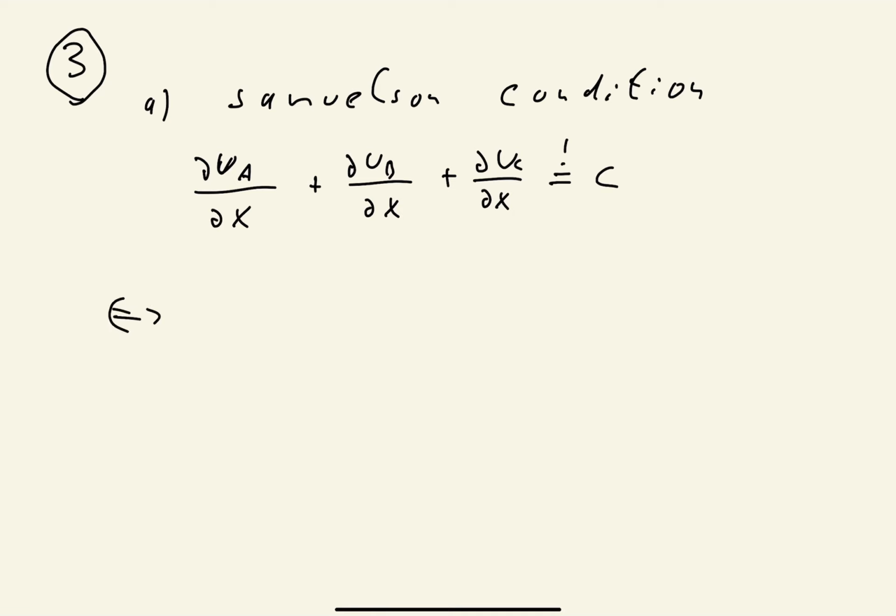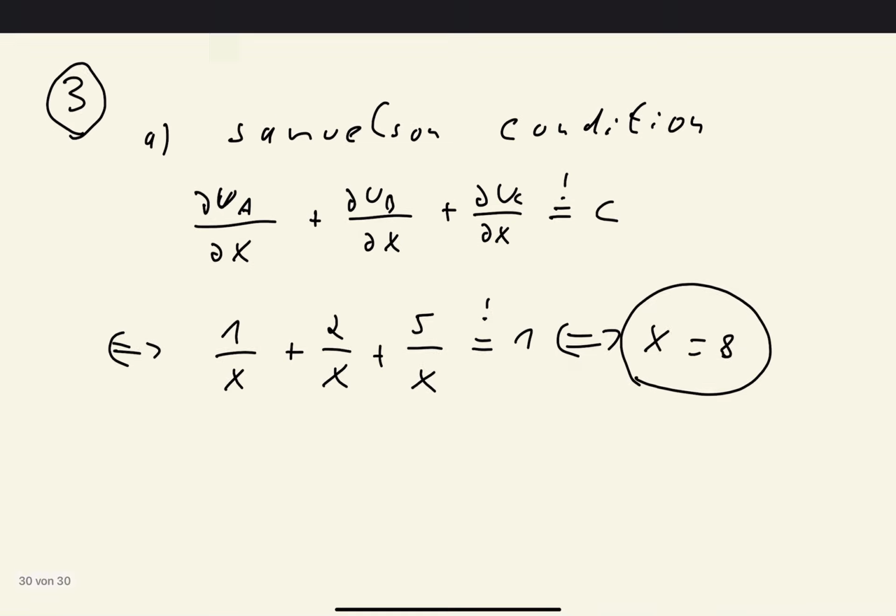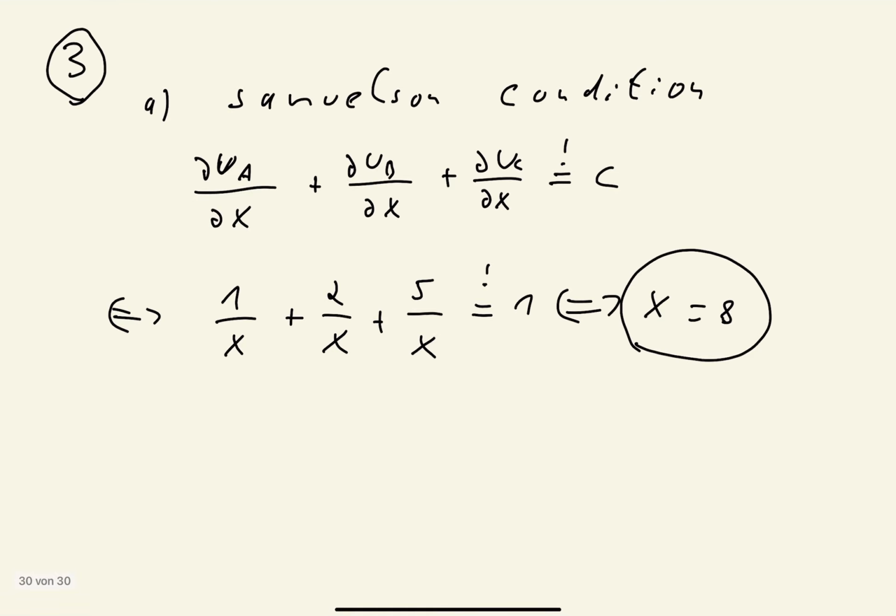And then what we get is the following: 1 divided by x plus 2 divided by x plus 5 divided by x should be equal to 1. If we solve this for x, we get x equal to 8. So we can say that the amount of the public good which is part of a Pareto efficient allocation is equal to 8.